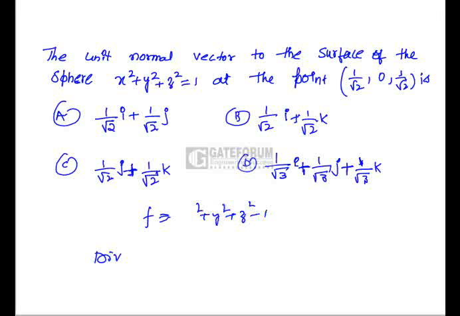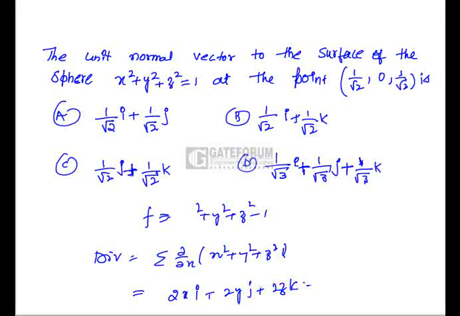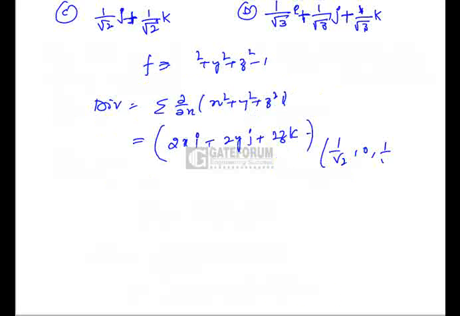Let us find the gradient of this. So the summation of dou by dou x of x square plus y square plus z square can be written as 2xi plus 2yj plus 2zk. Now we need it at the point 1 by root 2, 0, 1 by root 2.